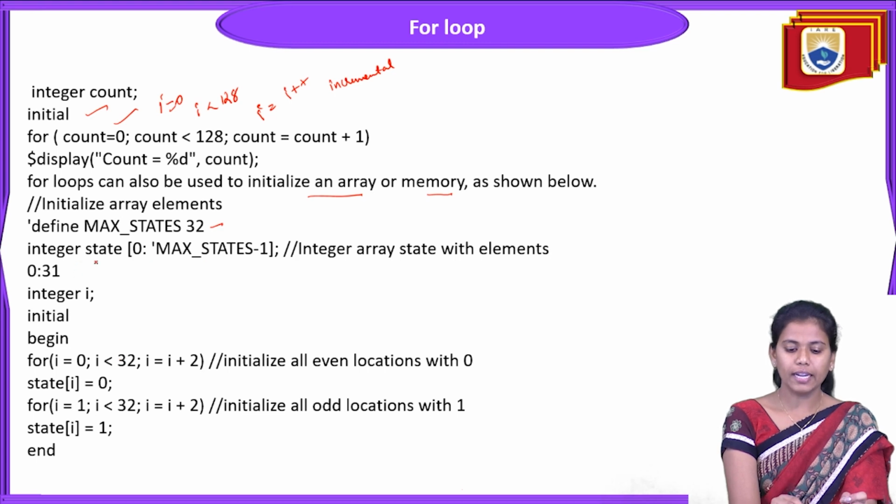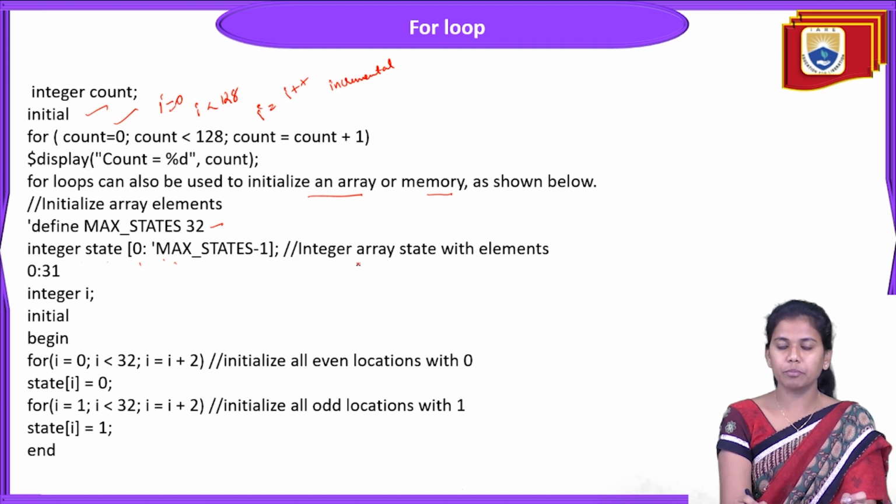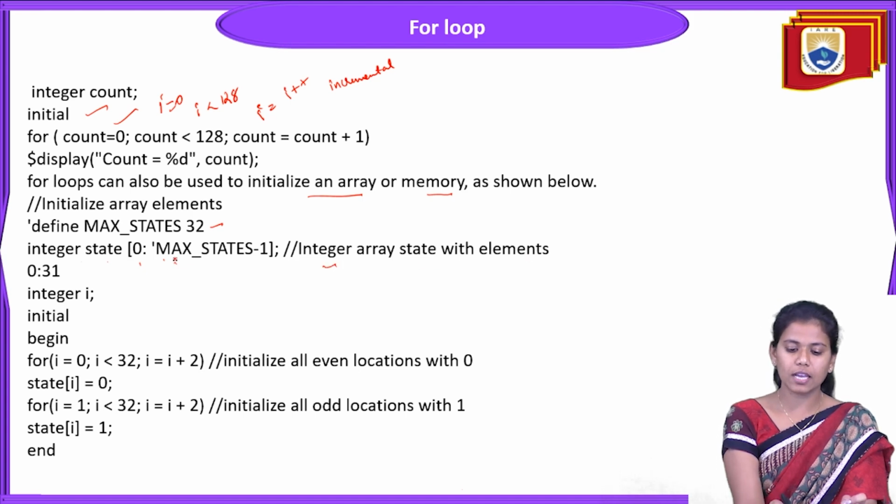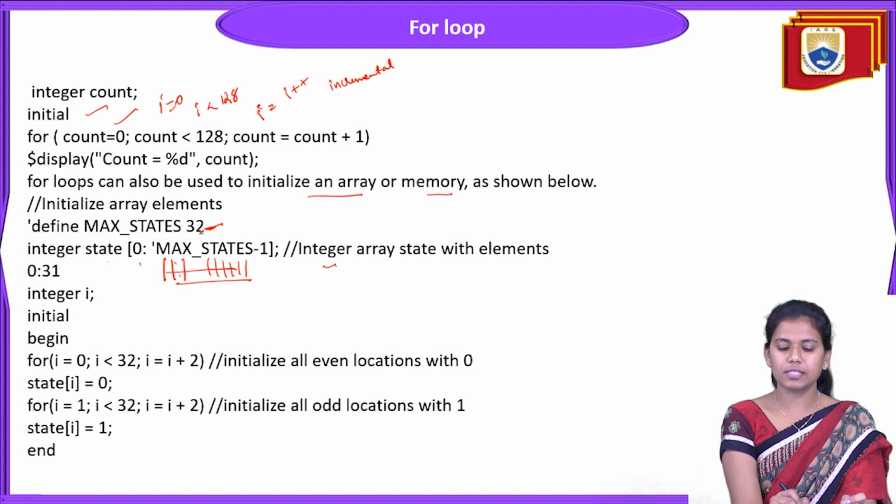Now integer states from 0 to max minus 1. So what does it mean? The comment here says integer array states with elements. So these are the elements, right? How many states? 32 states, for example. So here 0 to 31, that means totally 32 states.